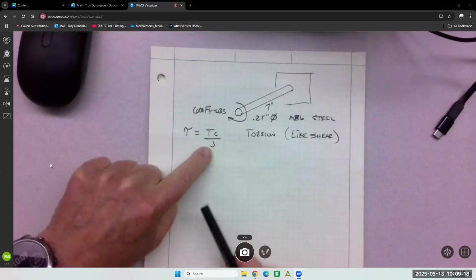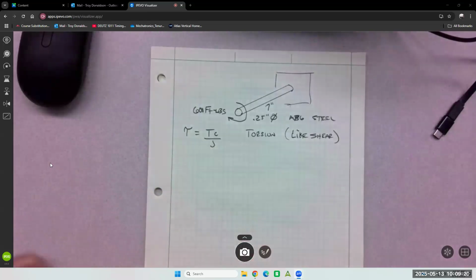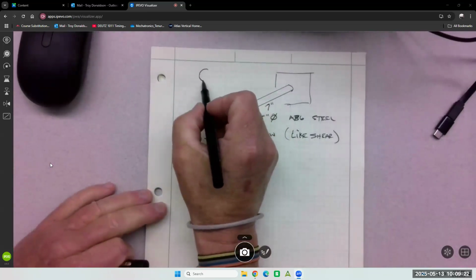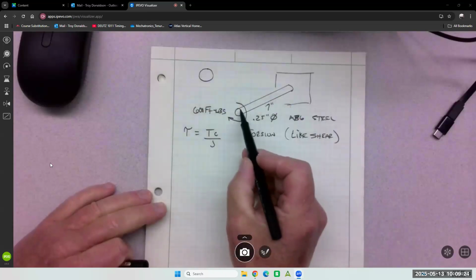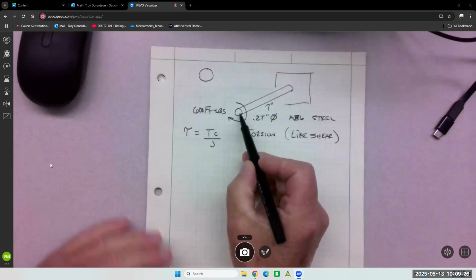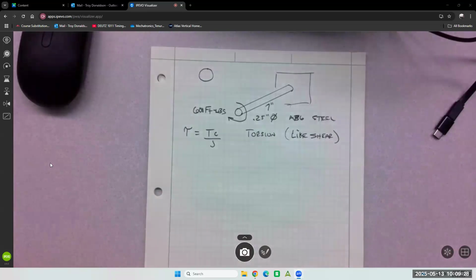You've had that before. C is the distance, so the cross section is what fails, right? It's this round piece that's going to fail, the cross section.